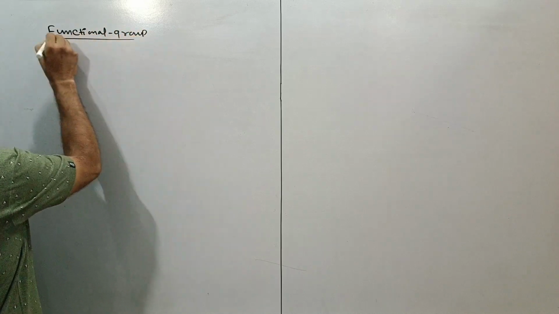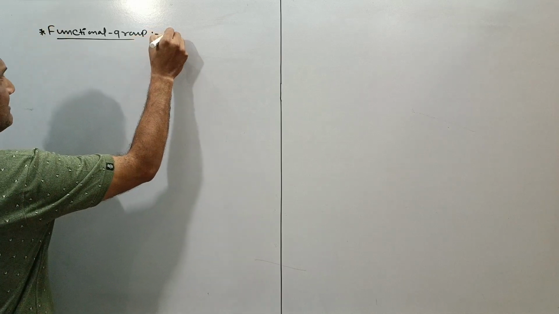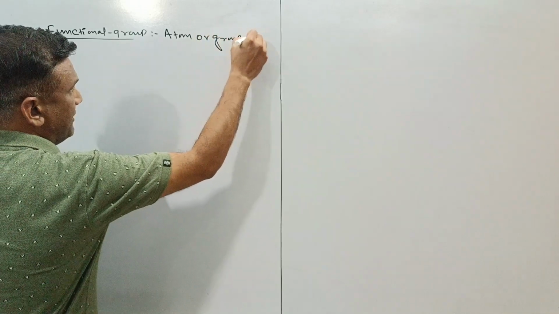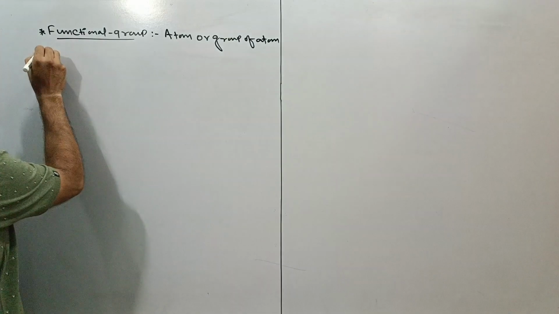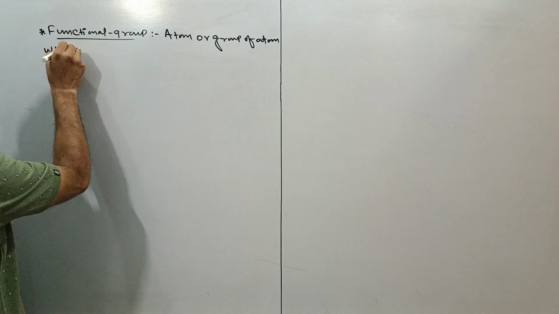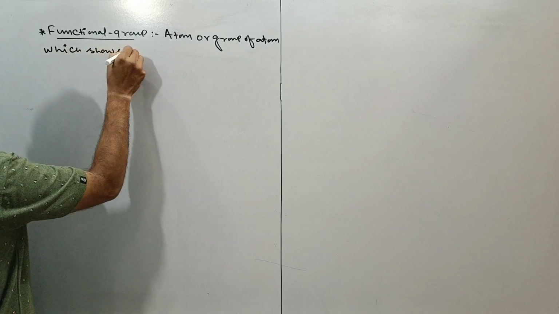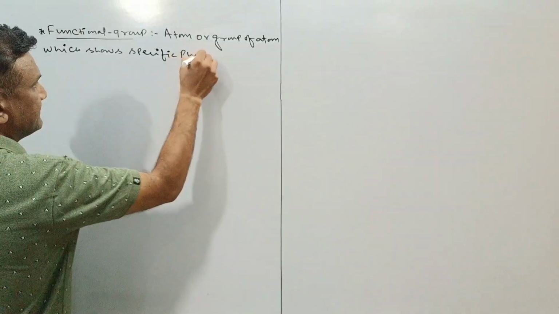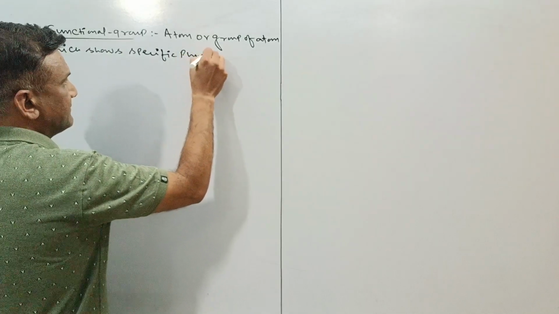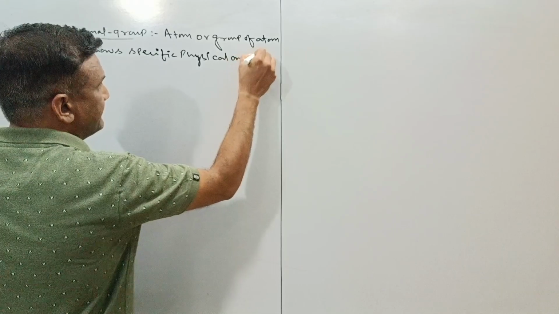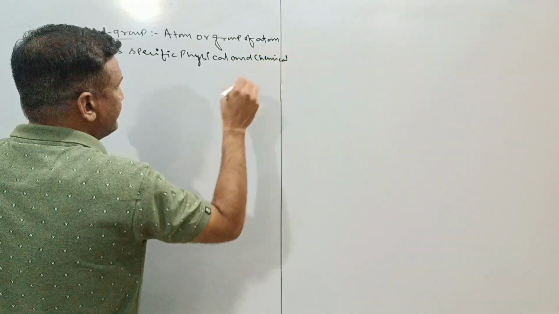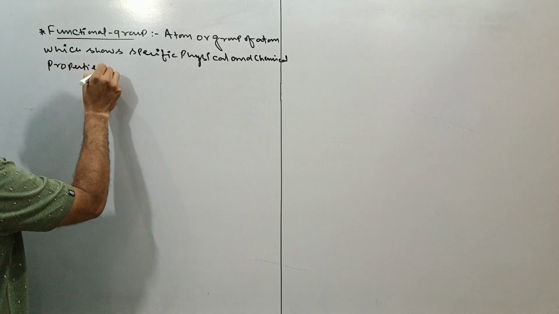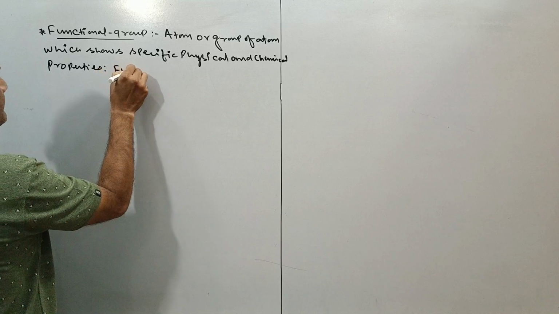We have discussed it in previous videos: an atom or group of atoms which shows specific physical and chemical properties, those are known as functional groups.